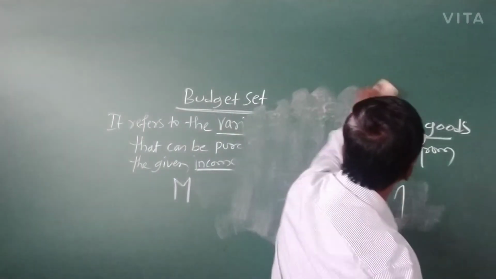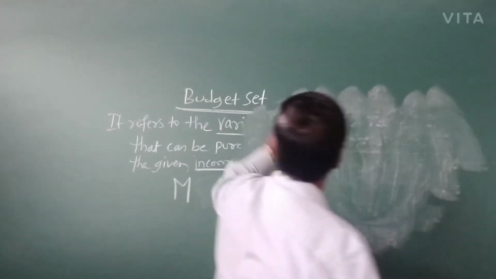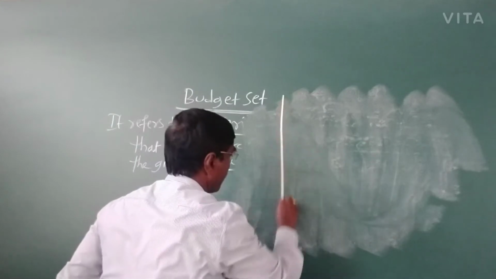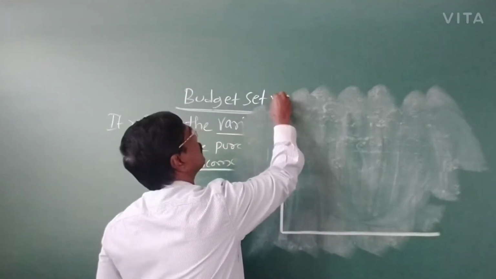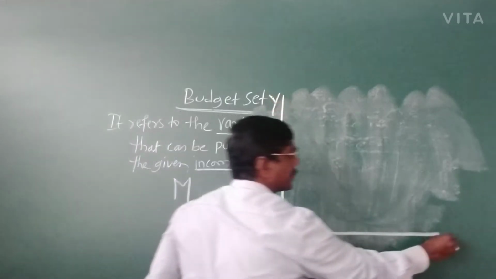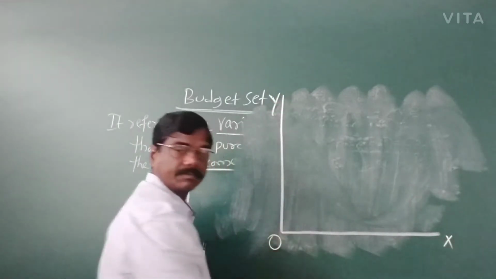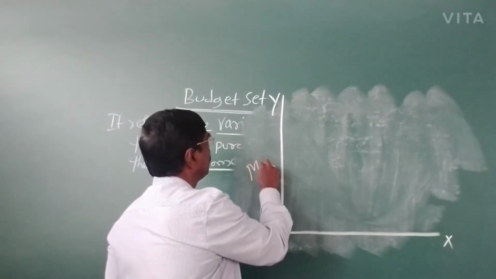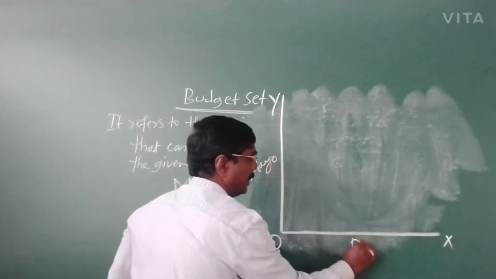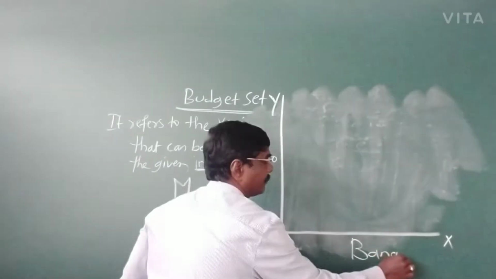So it is the y-axis and it is the x-axis. We measure mango along the y-axis and banana along the x-axis.